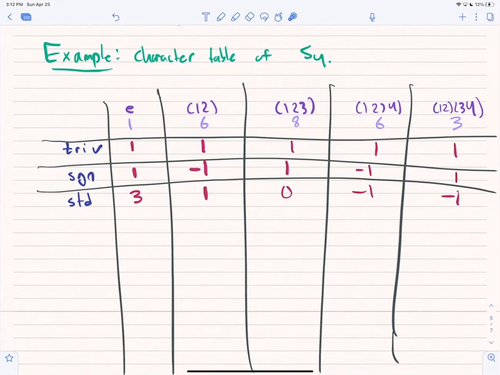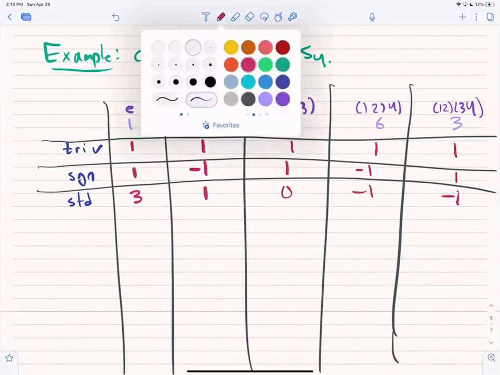Then let's check with the sign representation too. So 3 minus 6 plus 6 minus 3. Okay, check. So this thing is orthogonal to the first two. That gives some confidence to the computation I said out loud. Okay, and so this is where we're at.